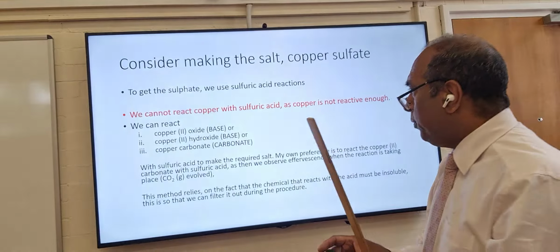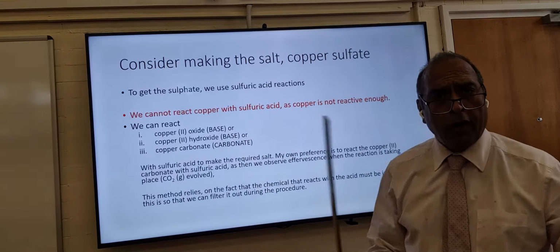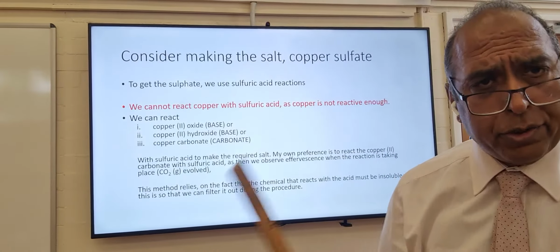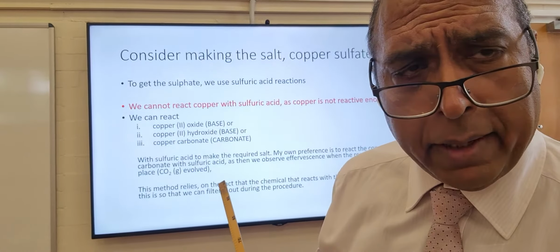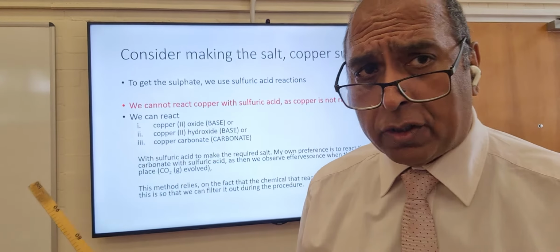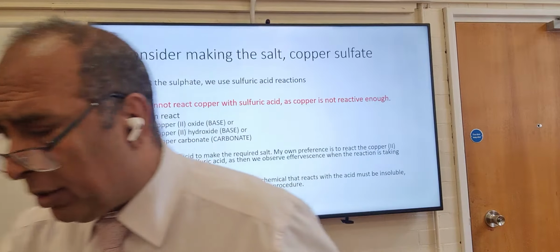But I hope you can see, out of the options of the 4 reactions of acids, I like the carbonate one, but the base works just as well. The important thing is you're going to keep reacting it. This is the base, look.